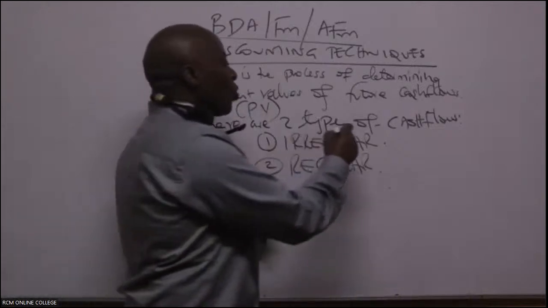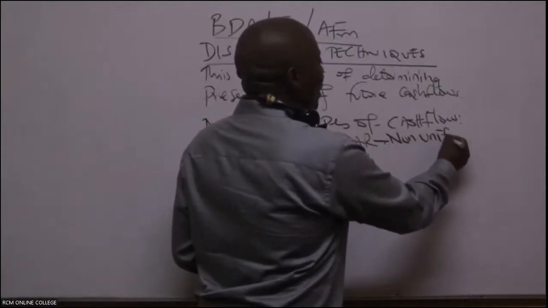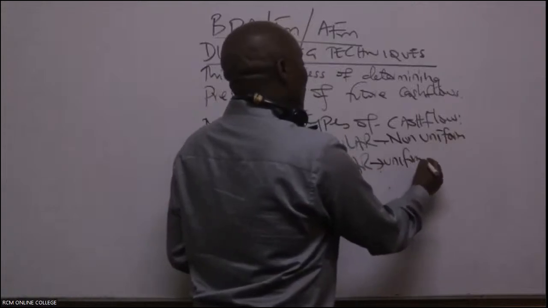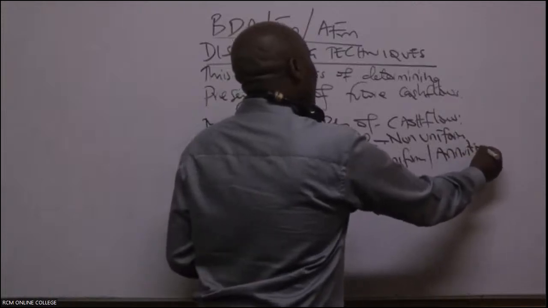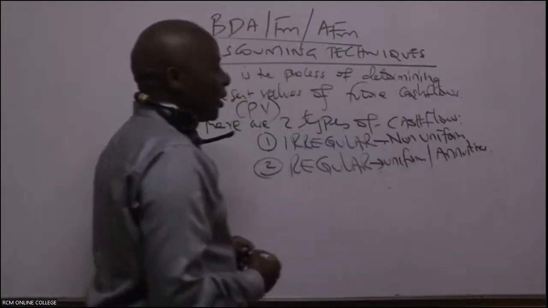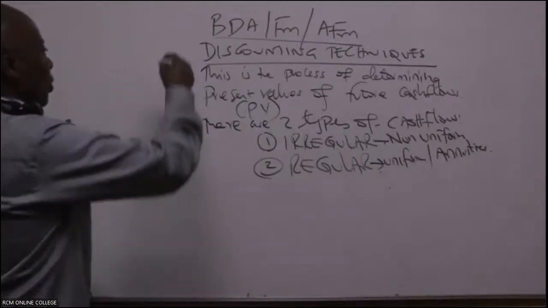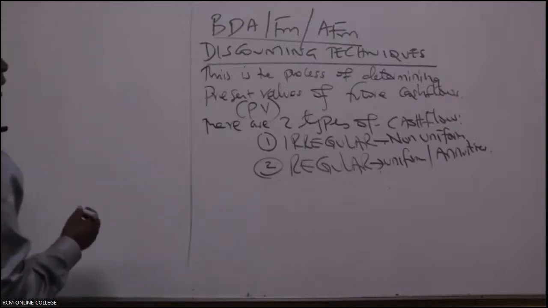Irregular cash flows are also known as non-uniform cash flows. Regular ones are known as uniform cash flows, also called annuities. Ladies and gentlemen, please listen very carefully.